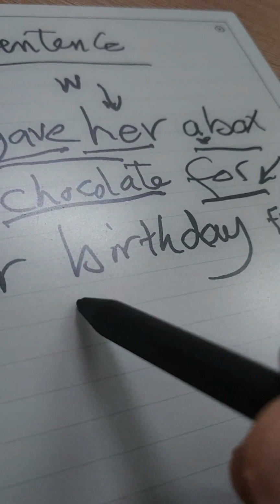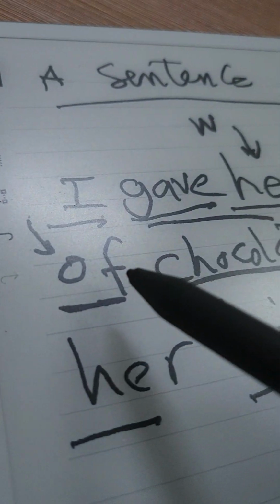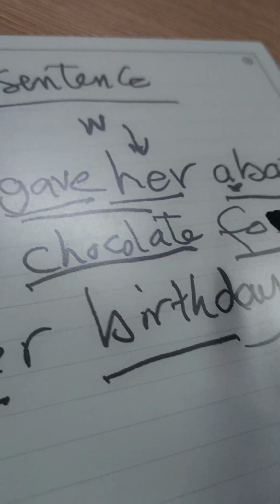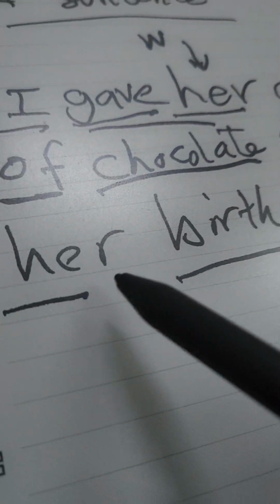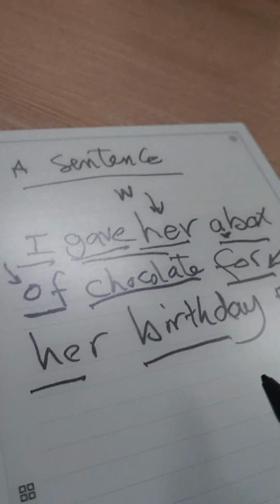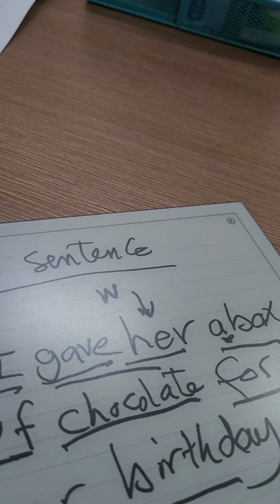For her birthday. I give her a box of chocolate for her birthday. I give her a box of chocolate for her. Weak forms. For her birthday.